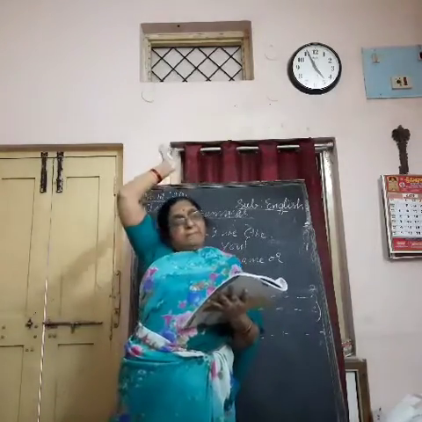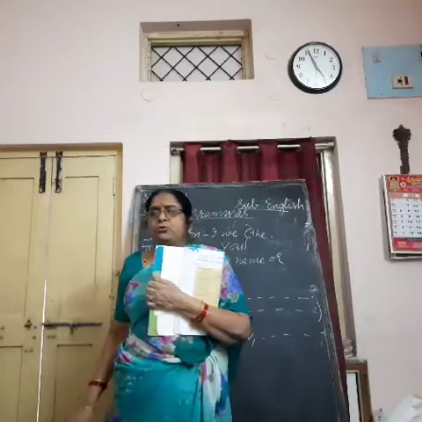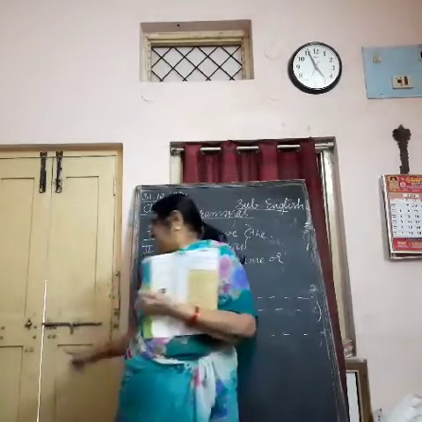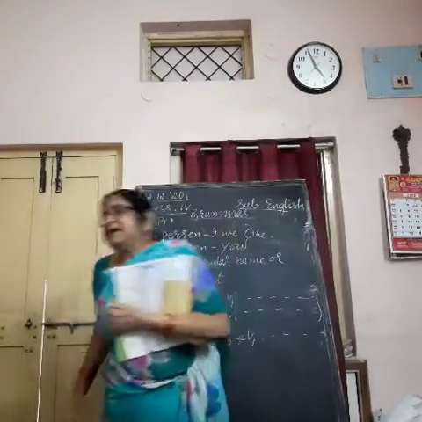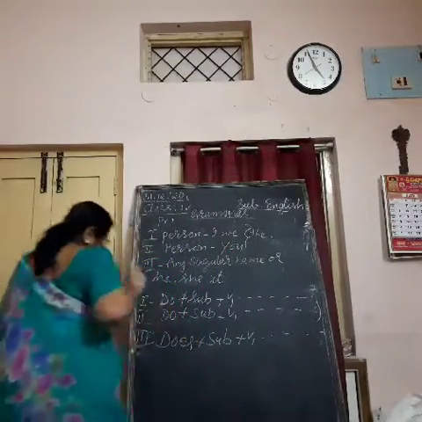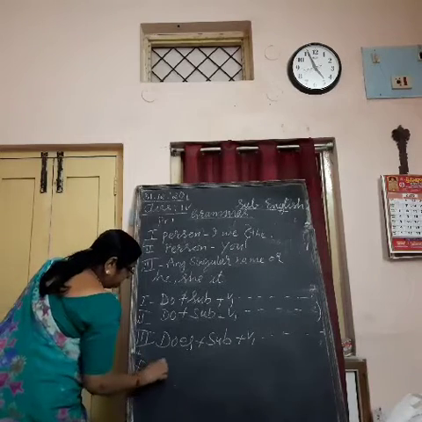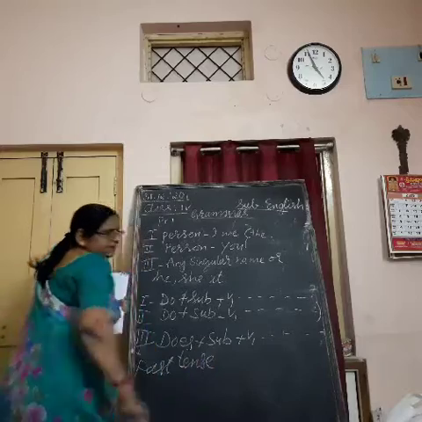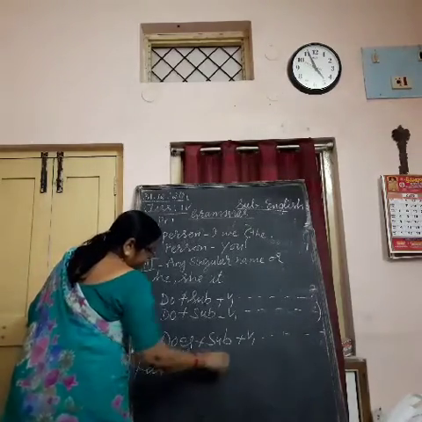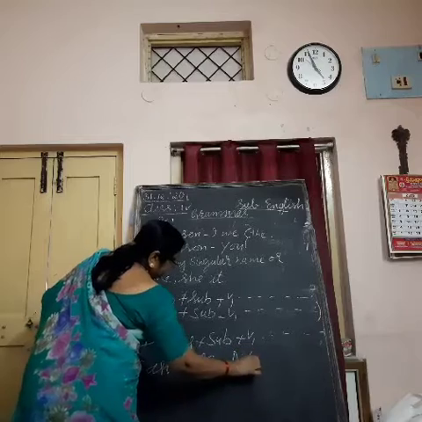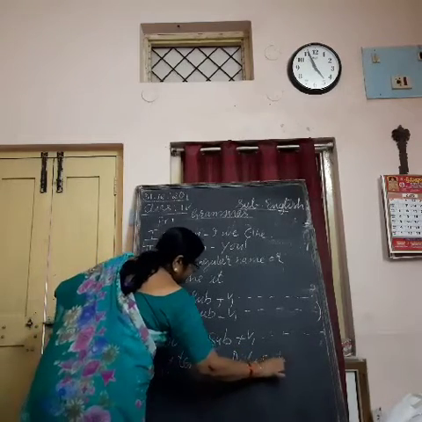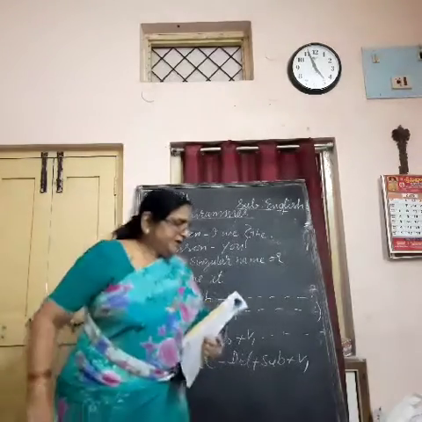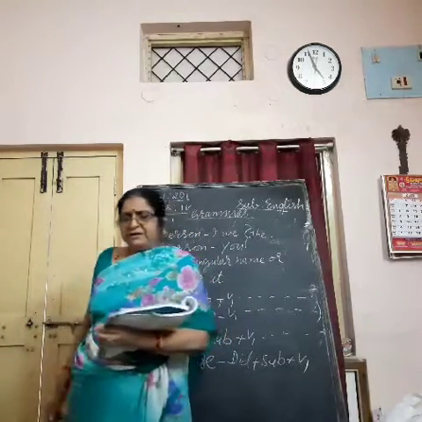Dash you eat your breakfast yesterday. Yesterday means what? Past tense. Do you get do you eat or did you eat, children? Past tense means always did. Understand? Any past tense means we will get did. Whether it is singular or plural or anything, we should get did plus subject plus V1. Understand? Here, did you eat your breakfast yesterday?